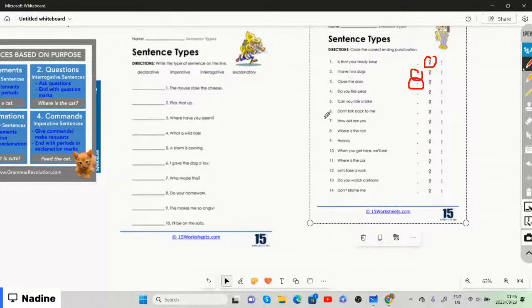Do you like peas? We need to say what type of sentence it is. Does that end with a full stop, a question mark, or an exclamation mark? Do you like peas?